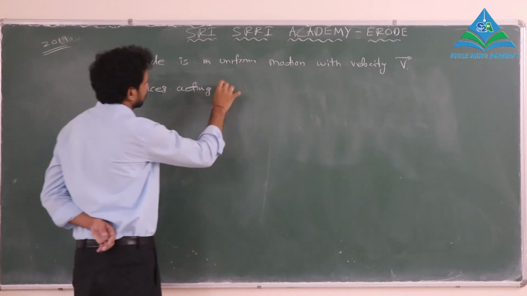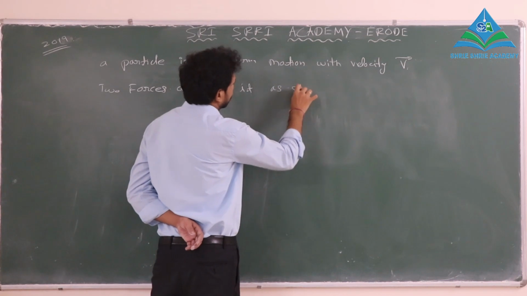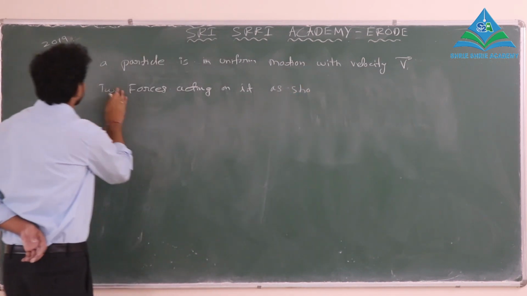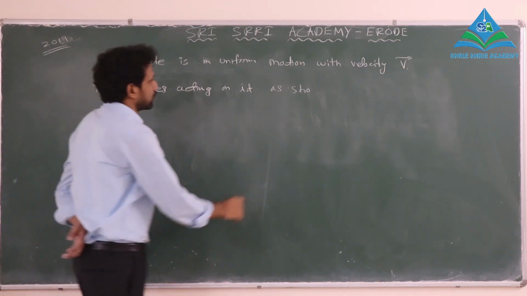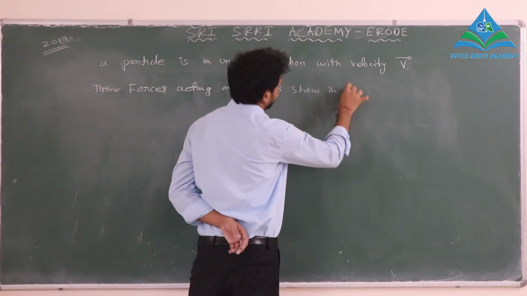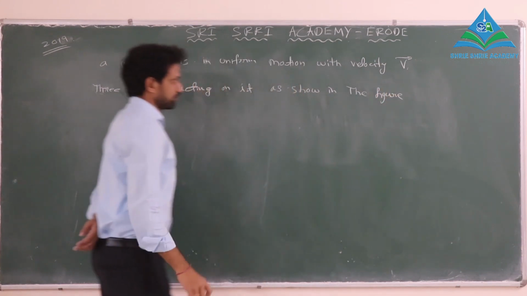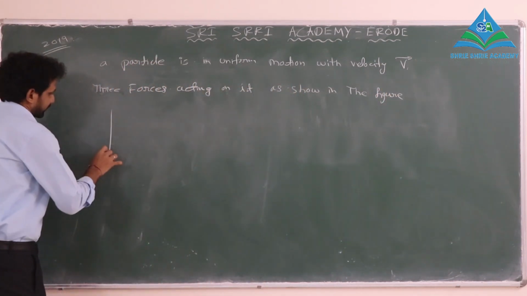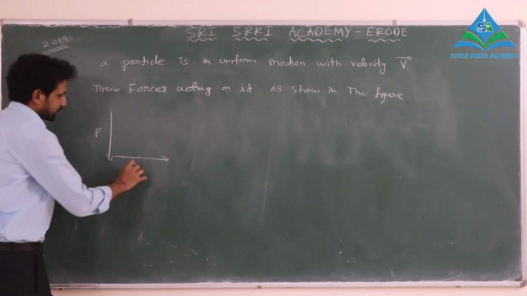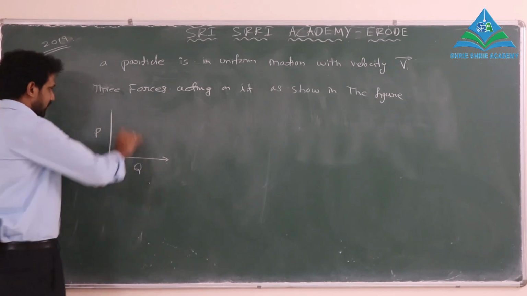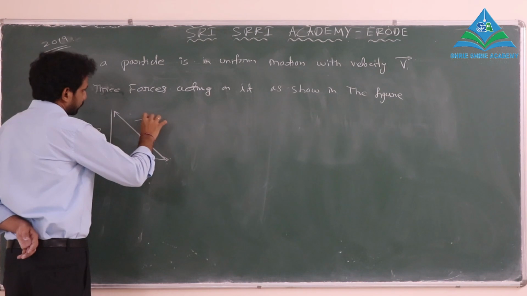Three forces are acting on it as shown in the figure. The diagram is given like this. This is the force P, this is the force Q, and the third force is given like this. This is the force R.